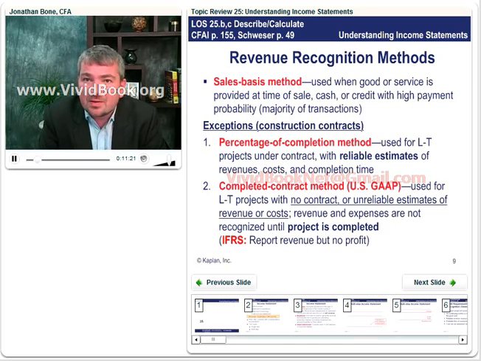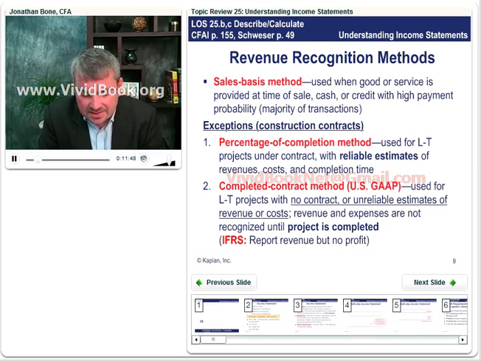Okay, but as well, notice not only does the good or the earnings activity need to be complete, we also need a high probability that the customer will pay us. Remember, if you've sold goods on credit, then you're going to record the sale and you're going to record accounts receivable, an asset indicating the customer owes you. And of course, you've only really got an asset if it leads to a future economic inflow of benefit, i.e. the customer is likely to pay.